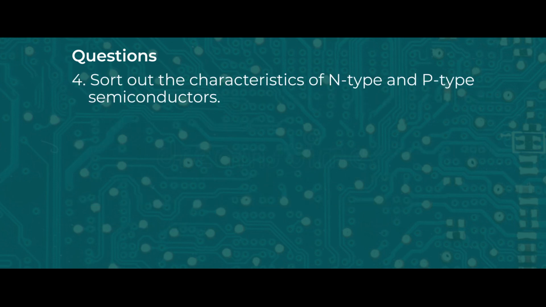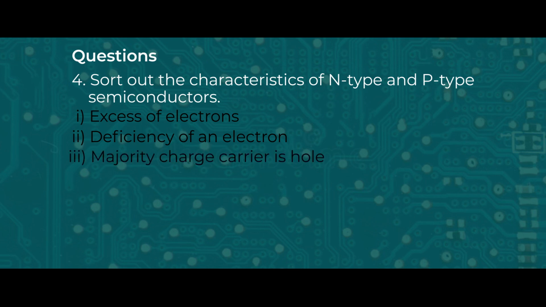Some characteristics of p-type and n-type semiconductors are given. Can you sort out these characteristics for p-type and n-type? The first one is excess of electrons. Then next we have deficiency of electrons. The third, we have majority charge carrier is hole.